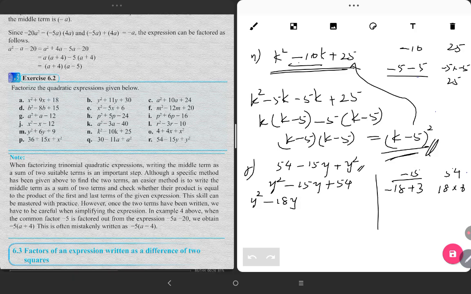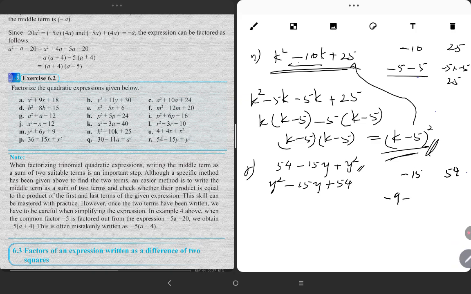Okay, so I'm going to get back to that again. Okay, so we have minus 15 and 54. How do we get to this number? Okay, so we can write this minus 15 as minus 9 minus 6, and minus 9 times minus 6 is plus 54.